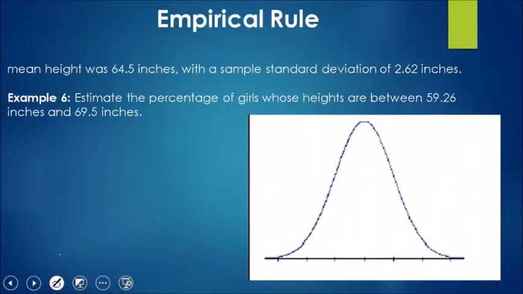So wasn't it 64.5 here, right? 64.5 plus 2.62 is 67.12 plus 2.62, 69.74, 72.36. Is that what we had before? Those don't look right to me.